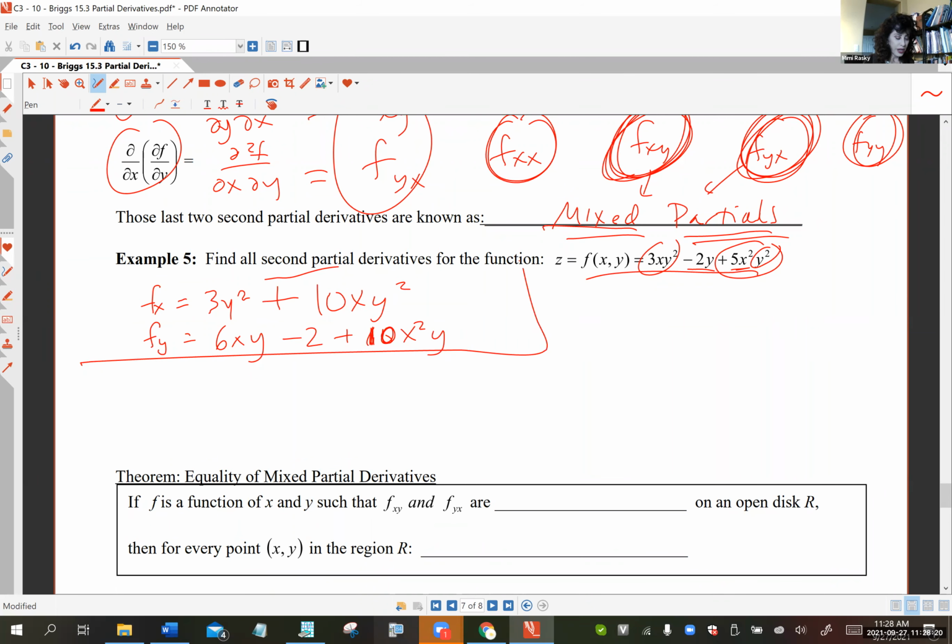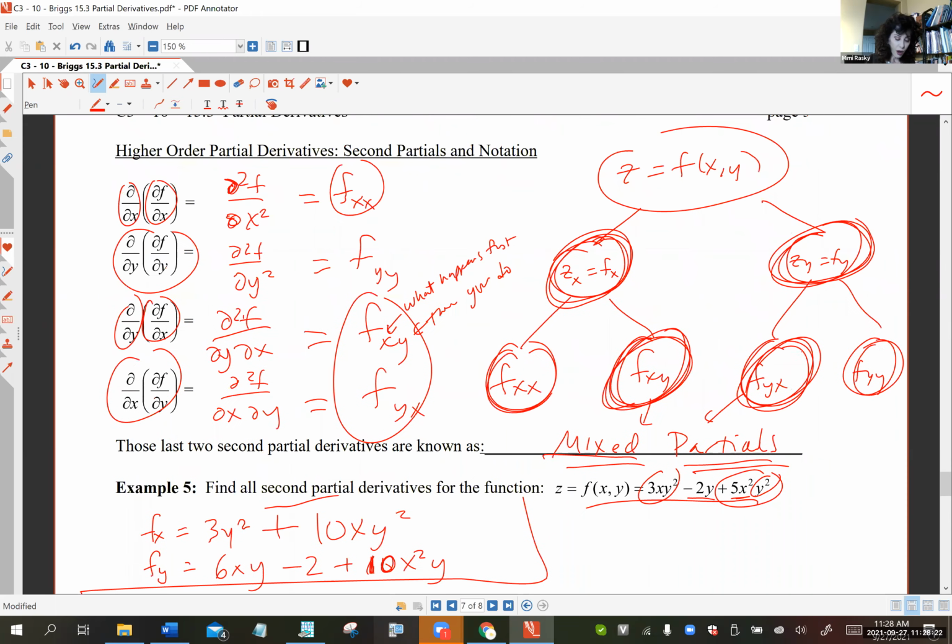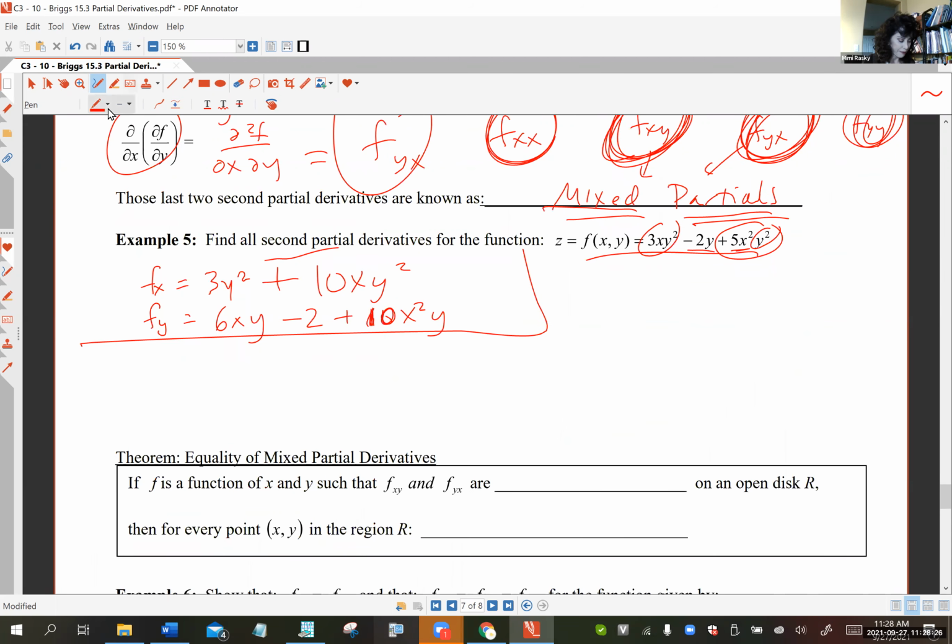Okay, so now what? Well, now we've got to get all four of the grandkids here. Oh boy, here we go. fxx. fxx is the derivative of fx with respect to x. So you're going to again hold y constant, and the derivative of 3y squared is 0, so that's gone. And the derivative of 10xy squared with respect to x is 10y squared.